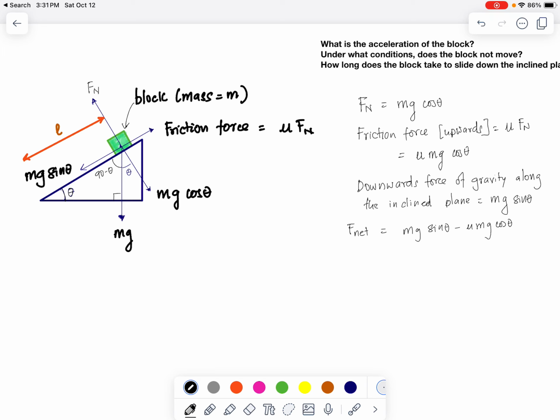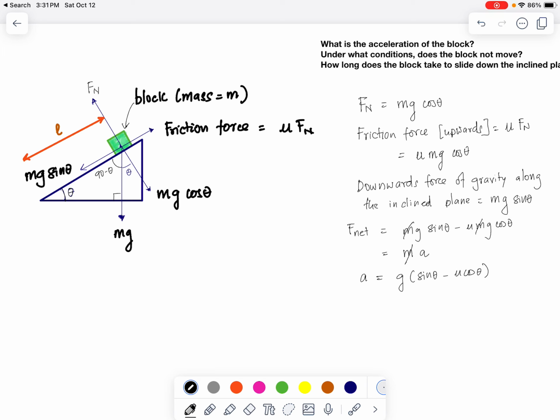And by Newton's second law, that equals mass times acceleration. So we can rewrite this expression by cancelling out the masses, and we get acceleration equals g times sine theta minus mu cosine theta.